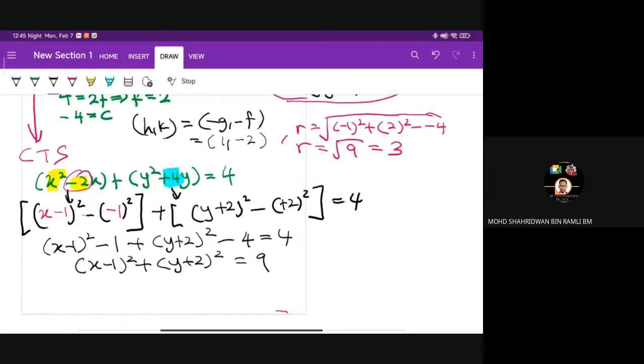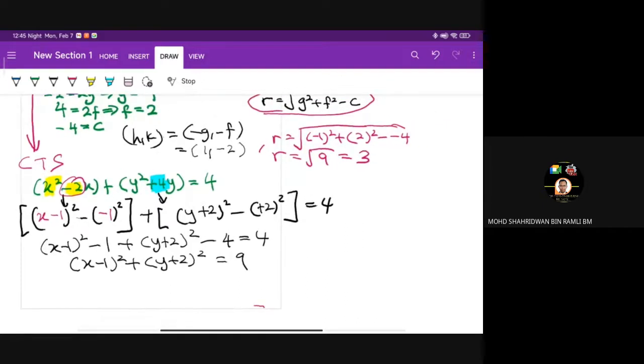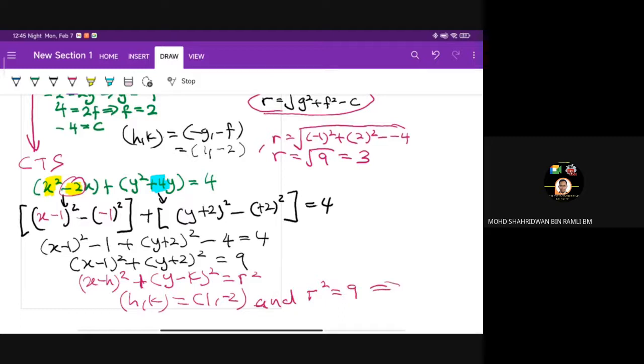When you compare with the standard equation, (x minus h) squared plus (y minus k) squared equal to r squared, you will get (h, k) is (1, negative 2), and r squared equal to 9 gives us r equal to 3. Simple, right?